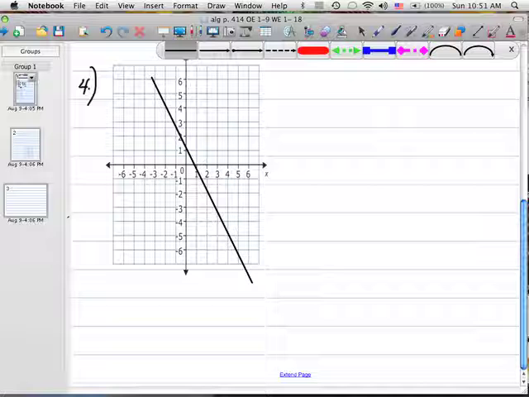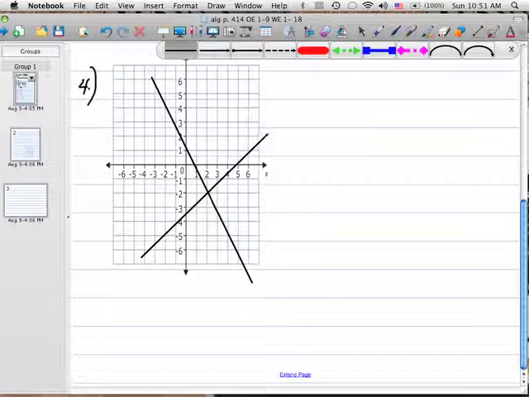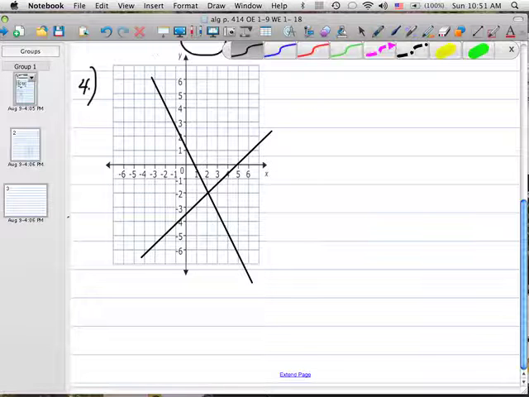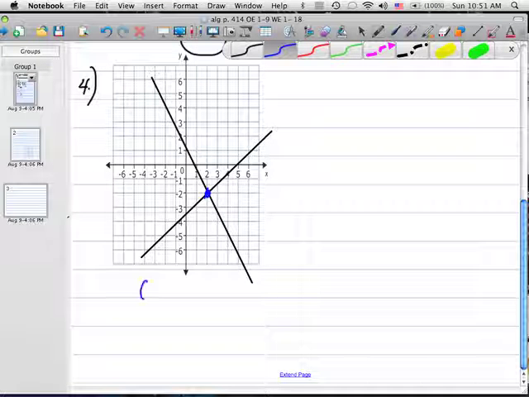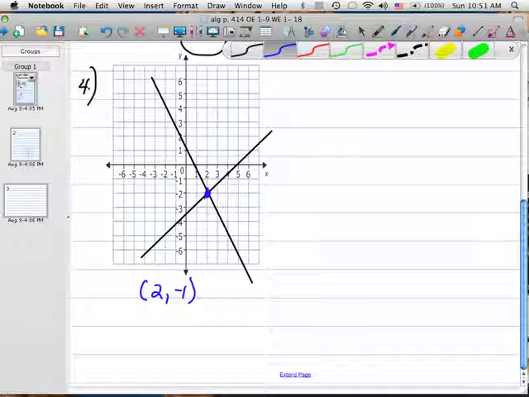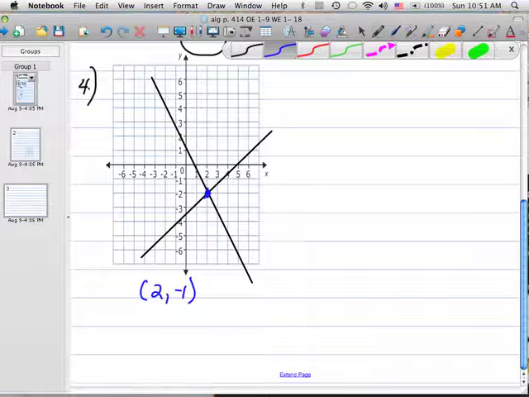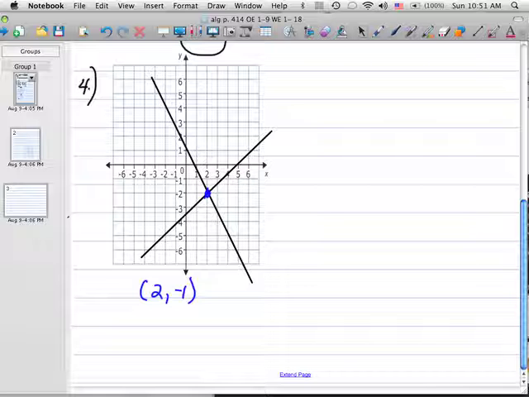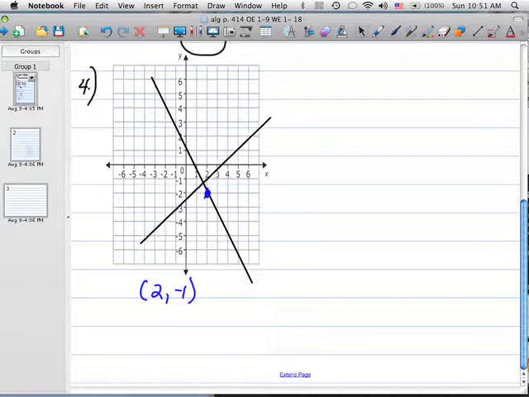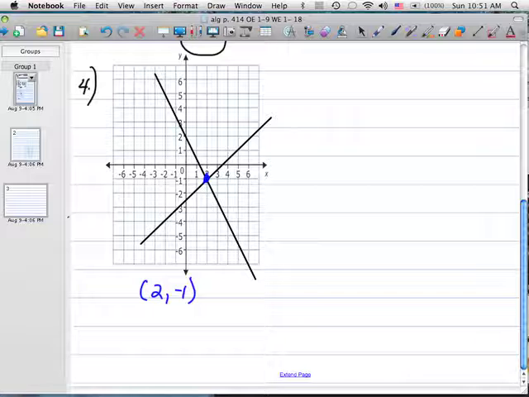We have this line, and then we have this line. And they intersect at this point right here. And that is the solution to the equation. So that would be x is 2, y is -1. The numbers mess me up.